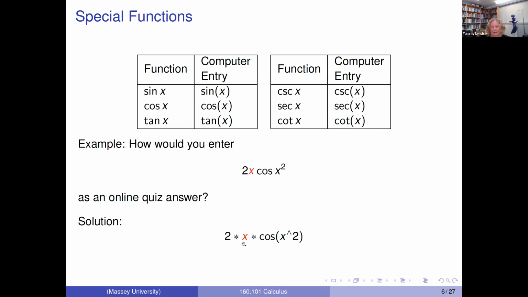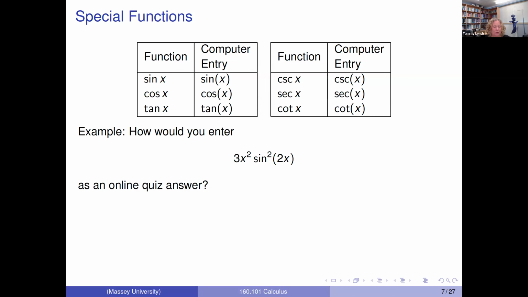We're multiplying by x. Again, we're multiplying, so I need that asterisk if I'm typing into a computer. Now we're taking the cosine of some input, and that input is going to be x squared. So I need the input to be in brackets, and x squared is x hat 2.